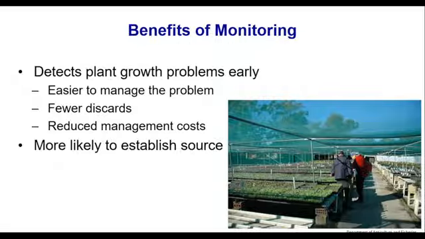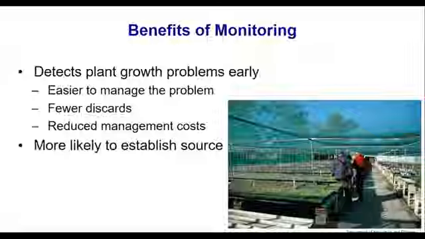But we're going to do it again because it makes sense within a climate change situation. So monitoring, detecting the problem early means that it's easier to manage that problem. You have fewer discards, reduced management costs. You're more likely to establish the source of the problem and then be able to take actions accordingly. Did it come from your supplier? Did it come from the mother stock? Did it come from the neighboring plants?